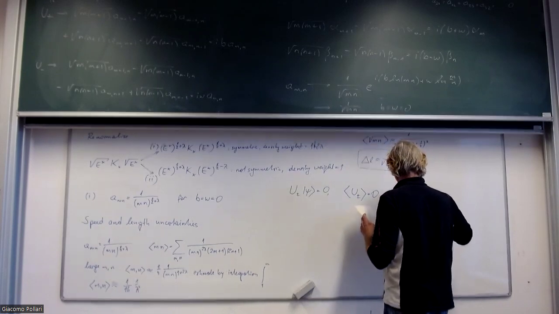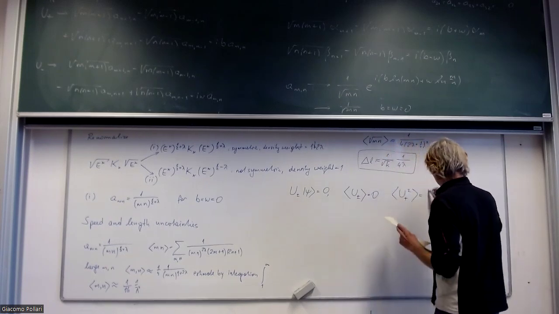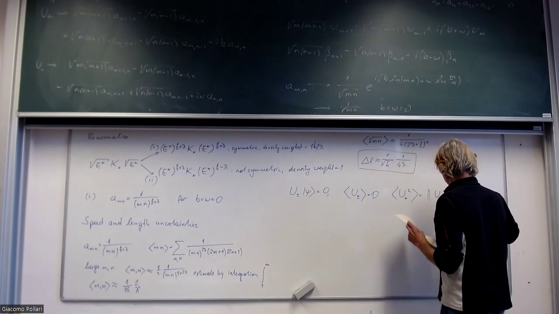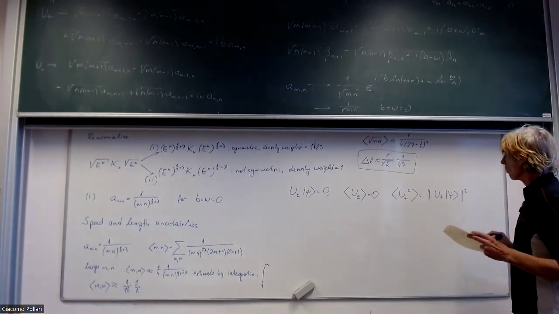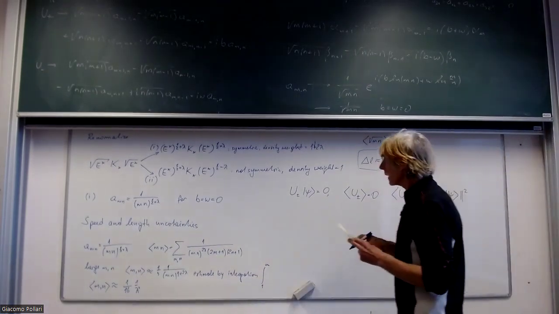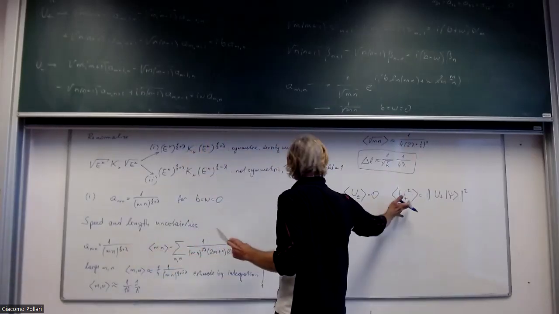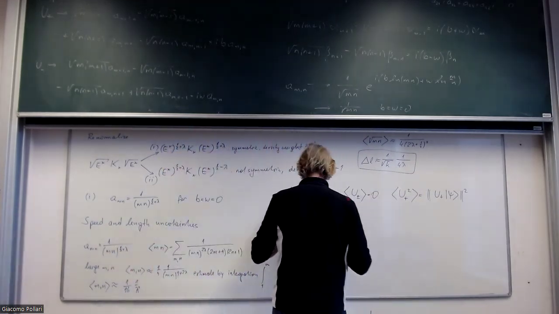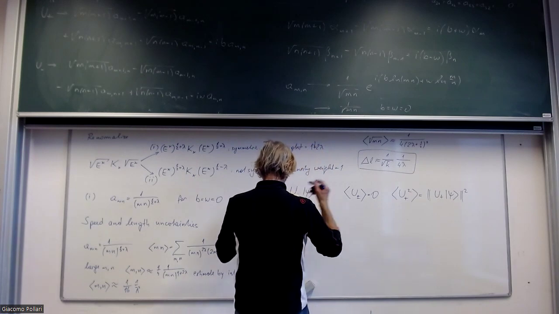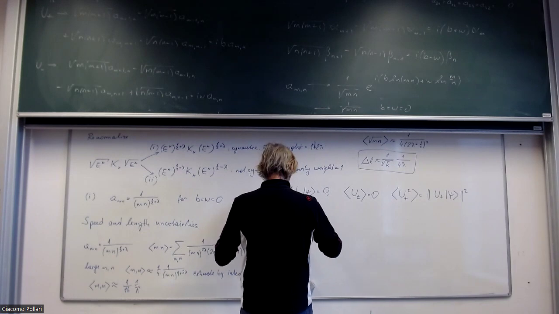And U plus square is the norm square of U plus psi. We can also calculate it by acting with U plus or with U minus on this state, and then take the square, and this leads, again, we can estimate the point.